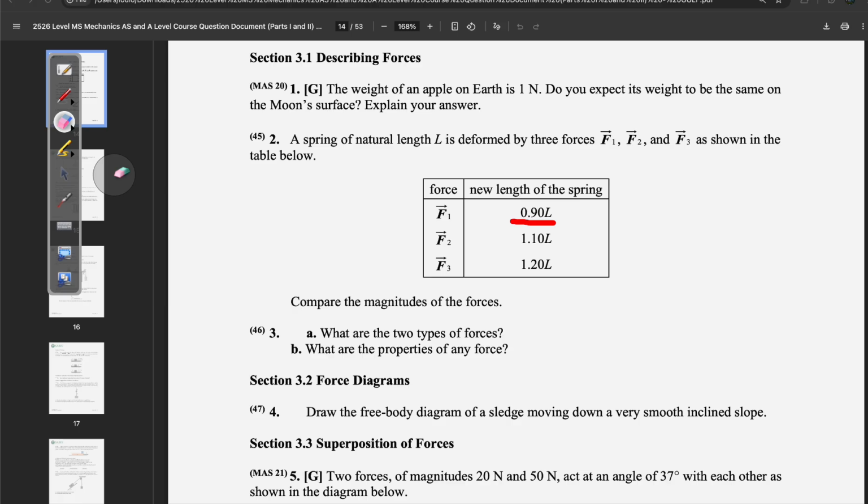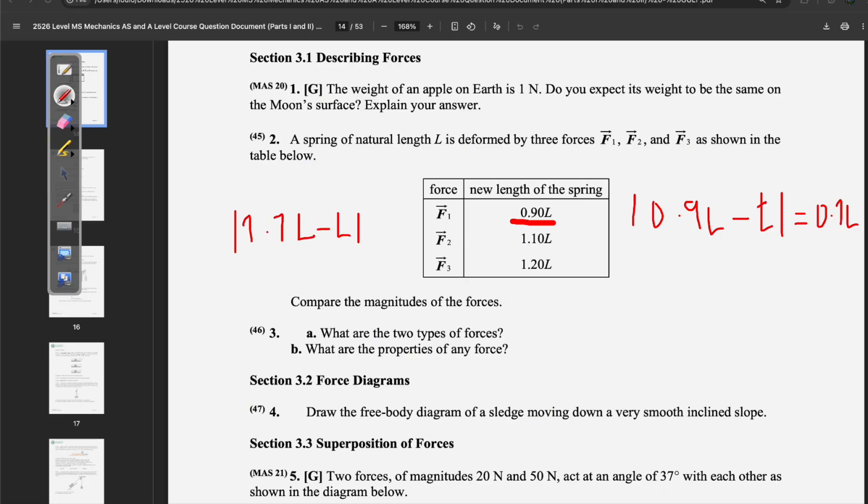So for F1 I'm gonna do absolute value of 0.9 L minus L, which is 0.1 L. And then for 1.1 L I'm gonna do absolute value 1.1 L minus L is equal to 0.1 L as well.